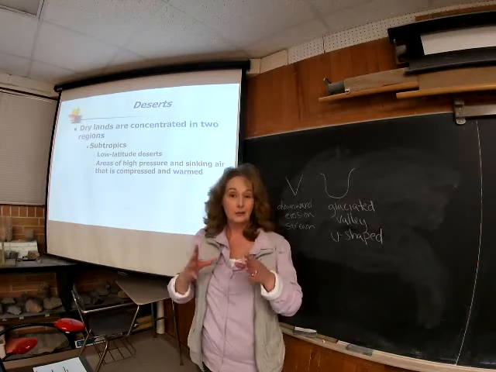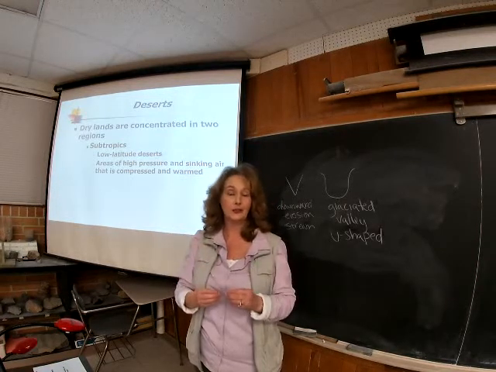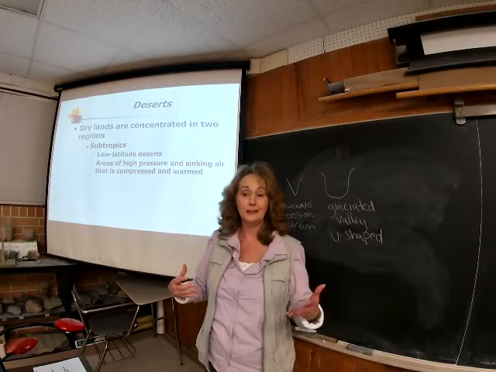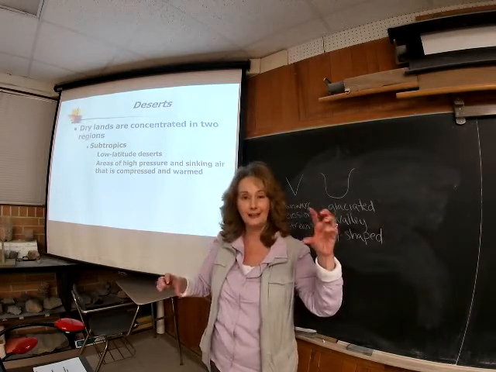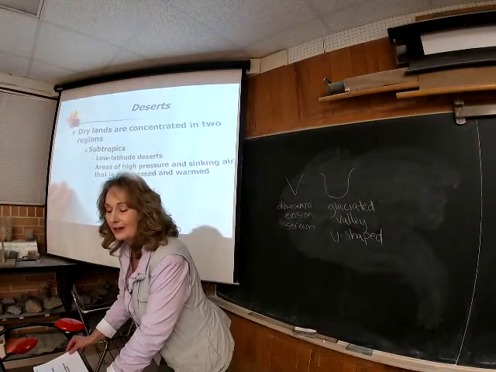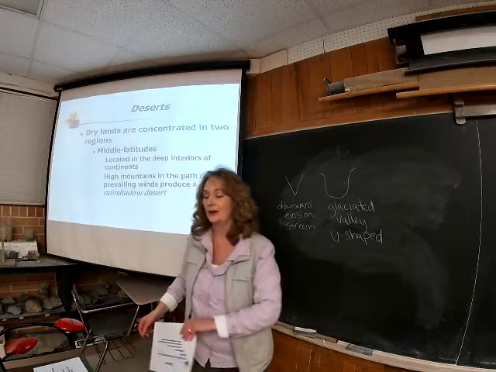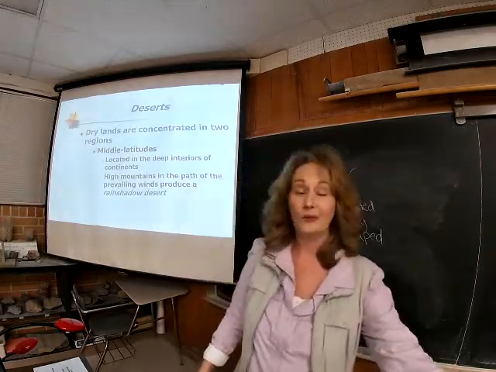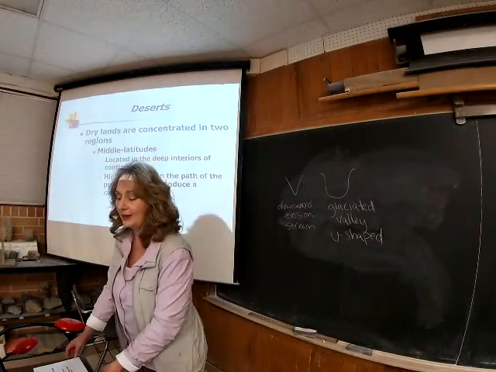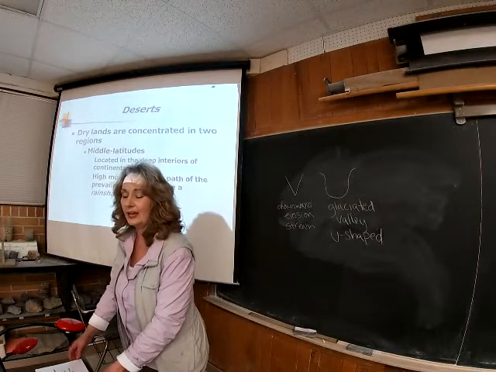So compressional warming, high pressure zones called the subtropics. That's why we're seeing it just straddling the equator like that, in those atmospheric belt zones, they kind of call them. So the major deserts are right along there, very well explained by the atmospheric circulation in those locations.